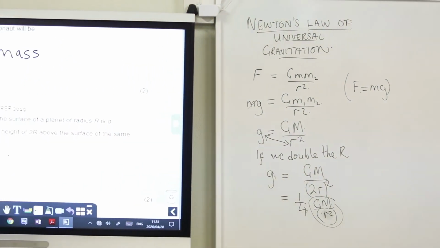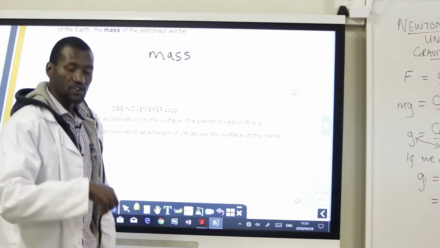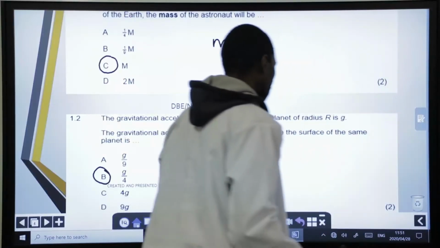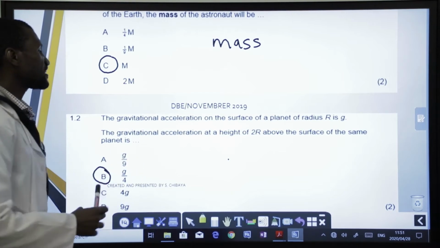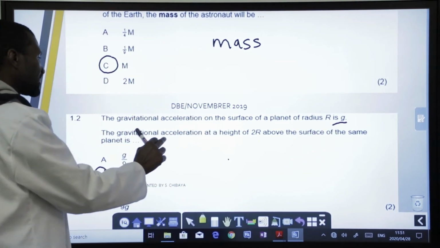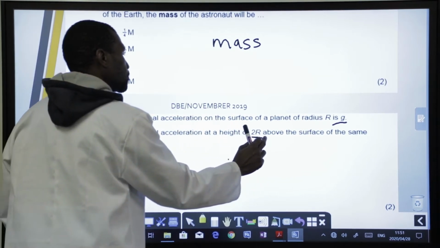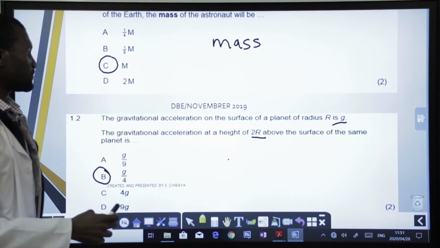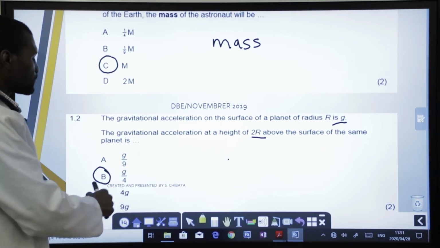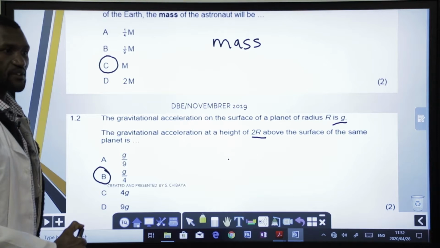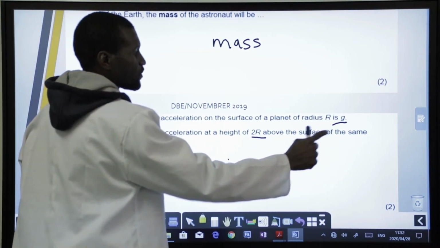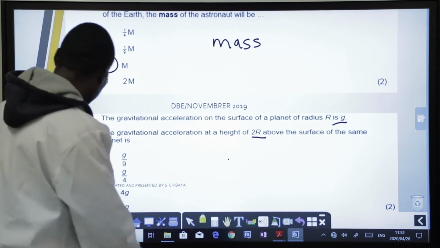And we should always understand that it is an inverse square, like what we did in this instance. So the gravitational acceleration on the surface of the planet R is g. The gravitational acceleration at a height 2R above the surface of the same planet is going to be 1/4 g. Right? Why is that so? Because it's a quarter of that particular value. All right, let's move on.